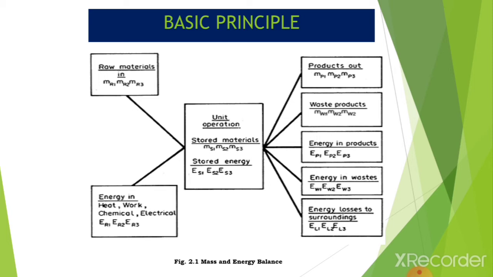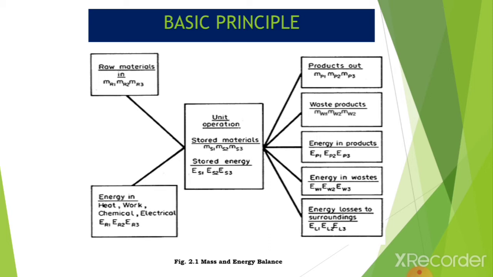Then the product coming out of the system is denoted by MP1, MP2, MP3, that is, mass of product 1, mass of product 2 and mass of product 3. Waste product is denoted by MW1, MW2 and MW3.